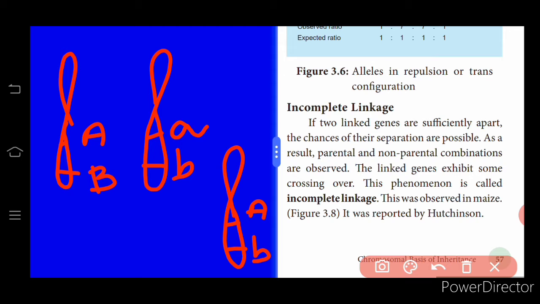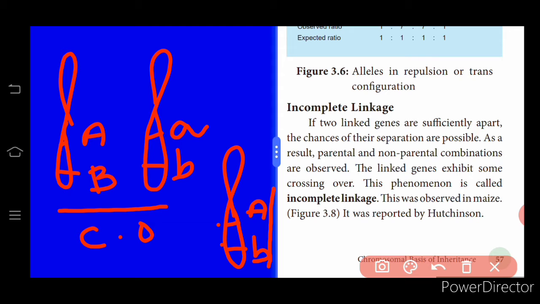So these two chromosomes undergo crossing over, resulting in this new combination.